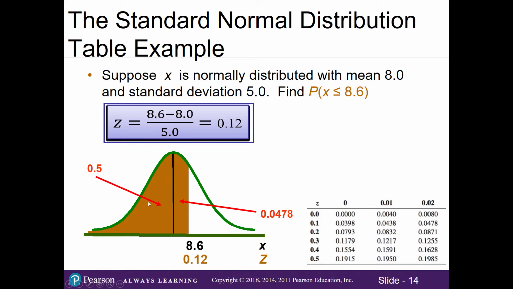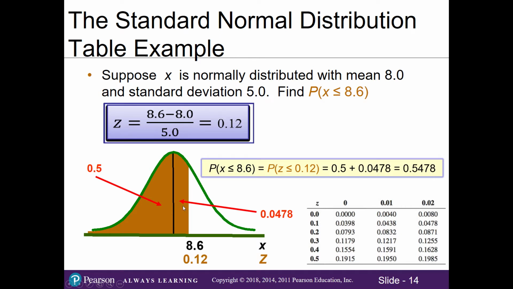So that's 0.5. Now we'll total up all of our shaded areas, and that will give us our probability that x is going to be equal or less than 8.6 by taking 0.5 and adding 0.0478 to get 0.5478 or 54.78% chance that we will get an x value that's less than or equal to 8.6.